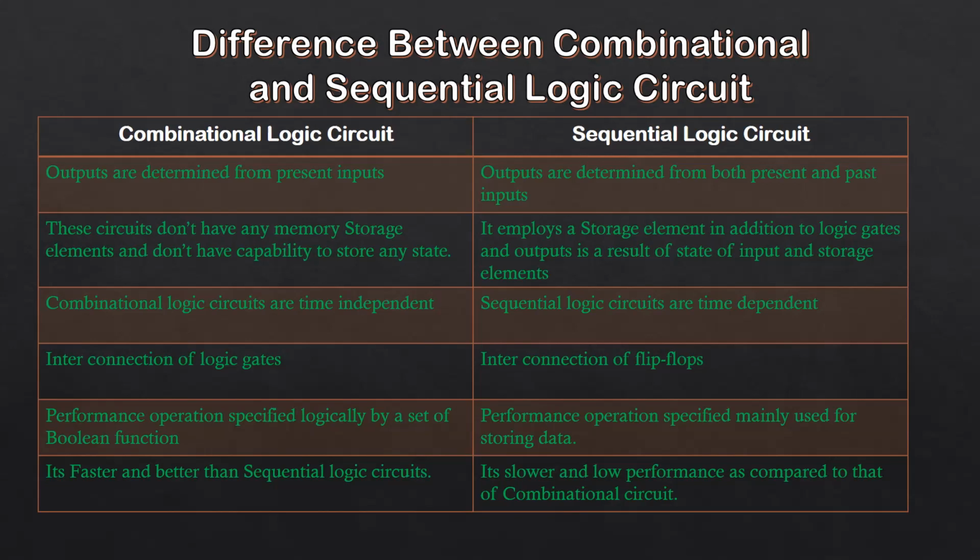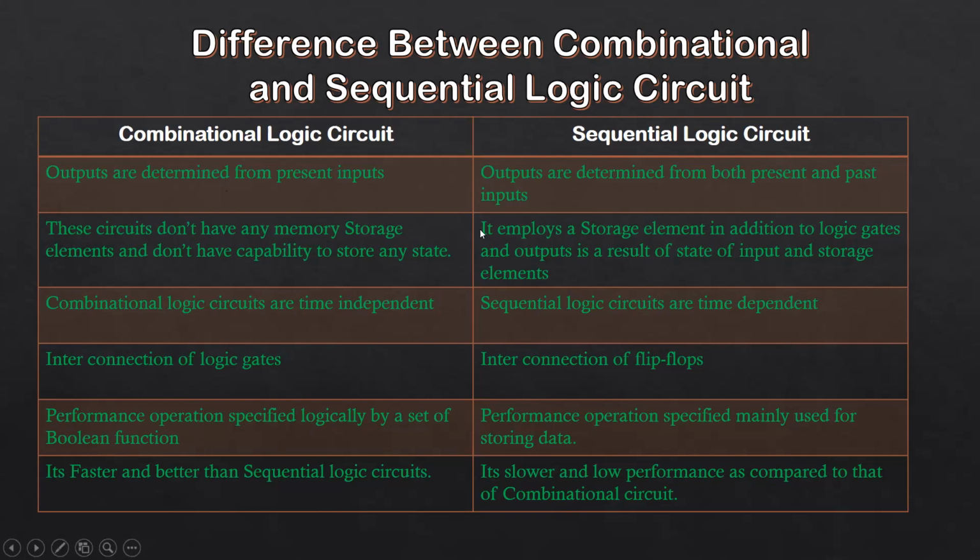It can store the past values, so we can use them later for further circuit purposes. So in a combinational circuit, the output is determined only by the present input. But here the output is the result of the state of input and storage elements. So it will consider both the state of the input element and the storage element.